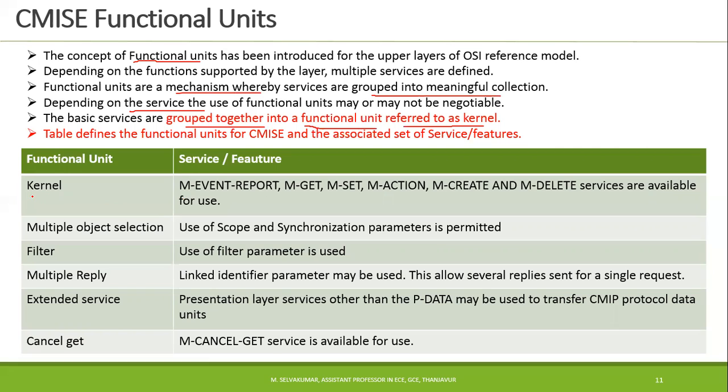The kernel means M event report, M get, M set, M action, M create and M delete services, which get information from the managed objects. These services are available for use, and for that we call it the kernel.